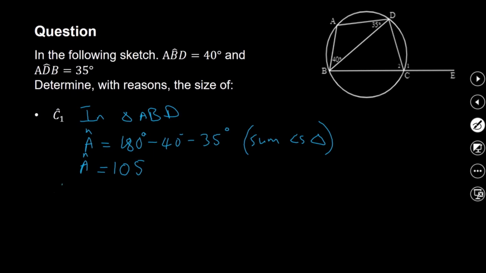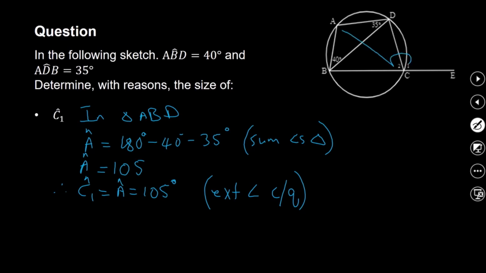So therefore, angle C1 will be equal to angle A, which is equal to 105 degrees. And my reason for this will be exterior angle of a cyclic quadrilateral. So this angle is an exterior angle, which is equal to the interior opposite angle.